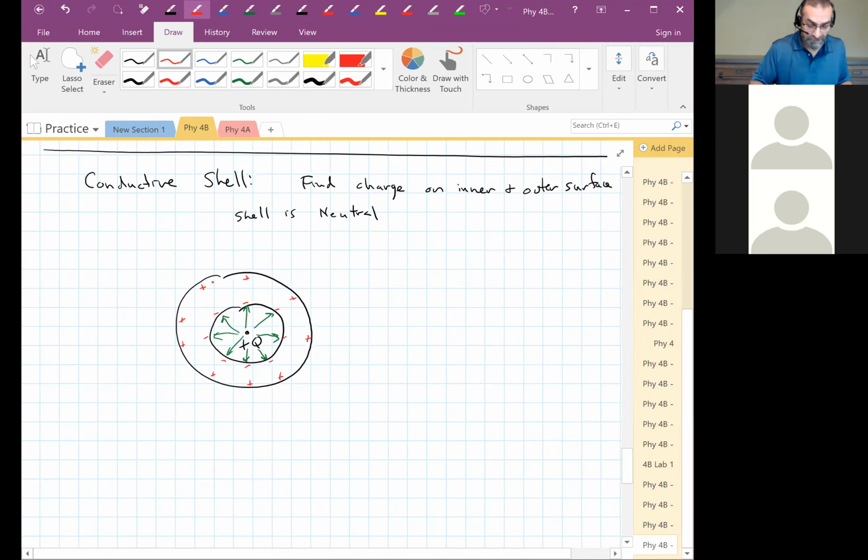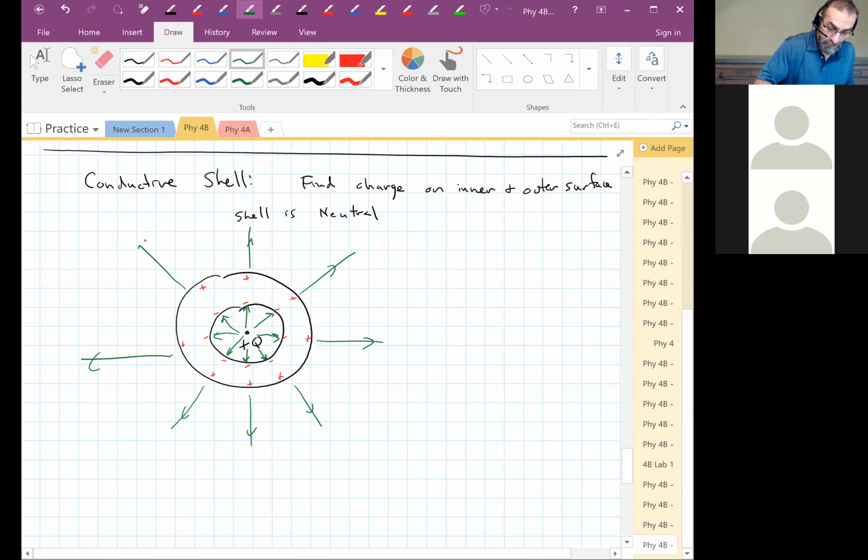Something like that. I think I have too many pluses here. Anyway, there we go. And then we're going to get electric field outside. But E is going to be 0 in there, okay?